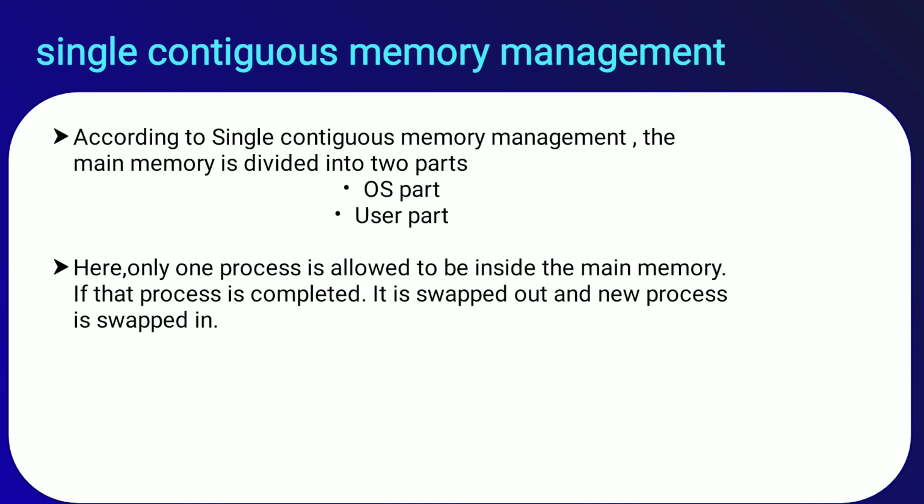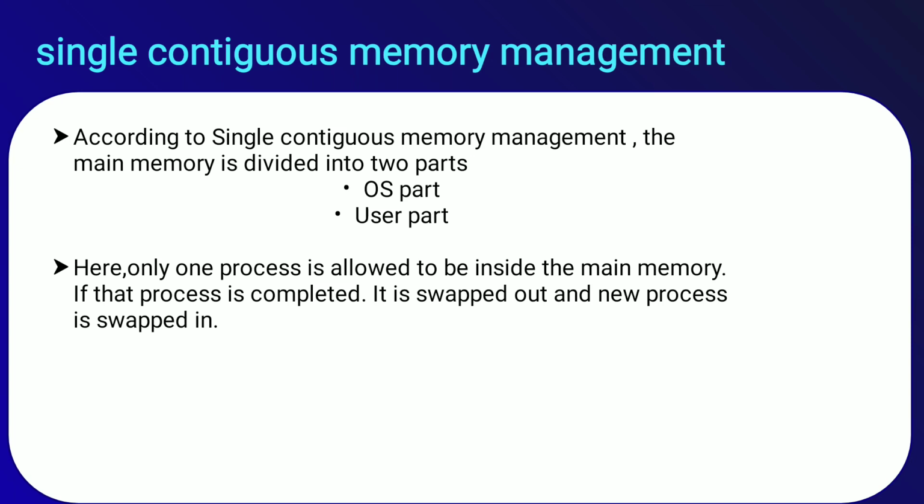If the process entered in the main memory gets completed, it is swapped out, and only then can a new process be swapped in to be executed. In single contiguous memory management, only one process is allowed to reside inside the main memory.